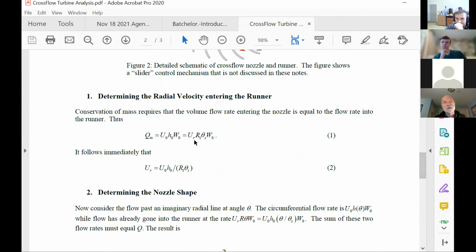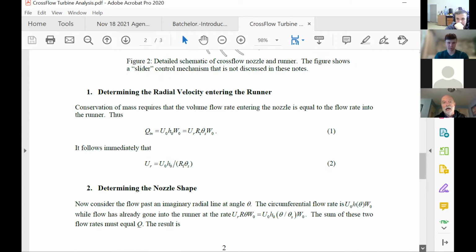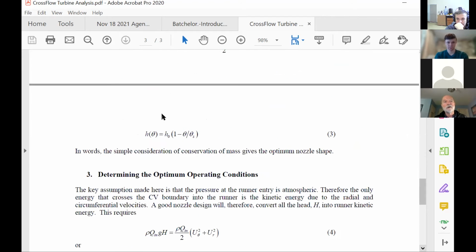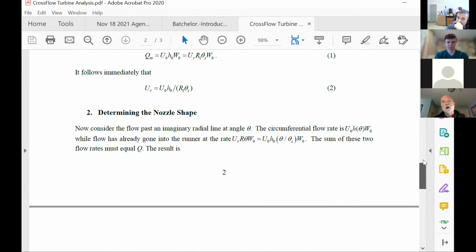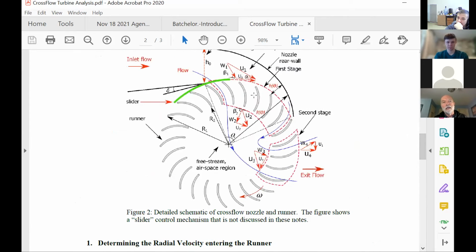So these first two equations are immediate consequences of conservation of mass. And indeed, the next equation is as well, because to get equation 3, all we assume is that the radial velocity that is entering the runner of the turbine is constant across the entry.